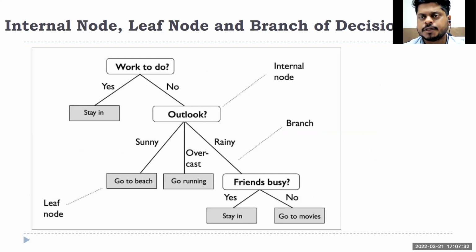Generally in a tree, the root is at the bottom, below ground, and the tree grows up, then leaves come. In our case, with a decision tree, think of it as an inverted tree. The first node is known as the root node, the start of the tree, then internal nodes, then leaf nodes, which are nothing but the leaves of the tree. The lines connecting internal nodes to leaf nodes are known as branches.